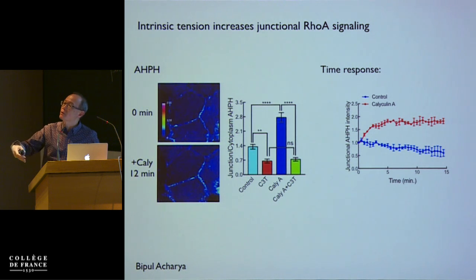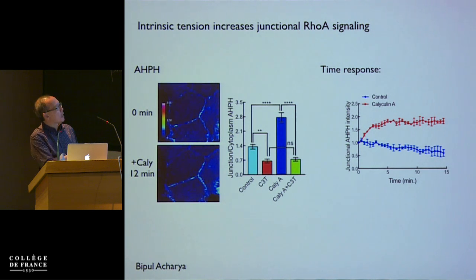And indeed, what he finds is that within a relatively short period of time, within 5 to 10 minutes, after increasing intrinsic contractility with calyculin or stretching the epithelia, the Rho signal at the junctions increases. And the quantitation is here. That's the level of Rho in controls, and it goes up when tension is applied, and it goes up pretty quickly.